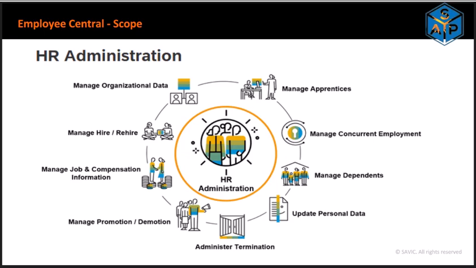Termination means a separation between the employee and the organization. When we talk about separation, one is self-resignation, where the employee can initiate his resignation himself. This is an employee self-service we have in Employee Central.